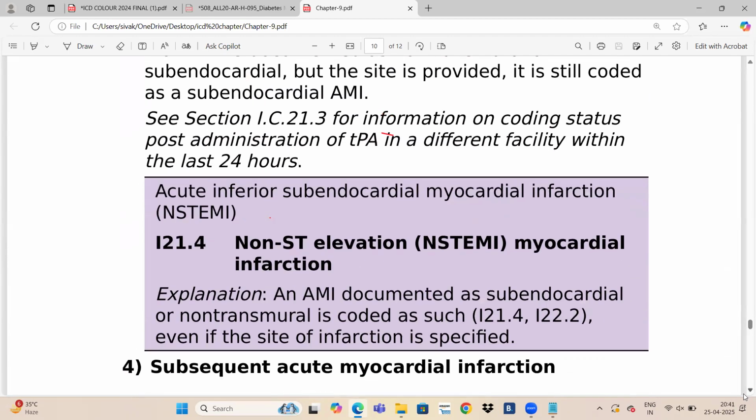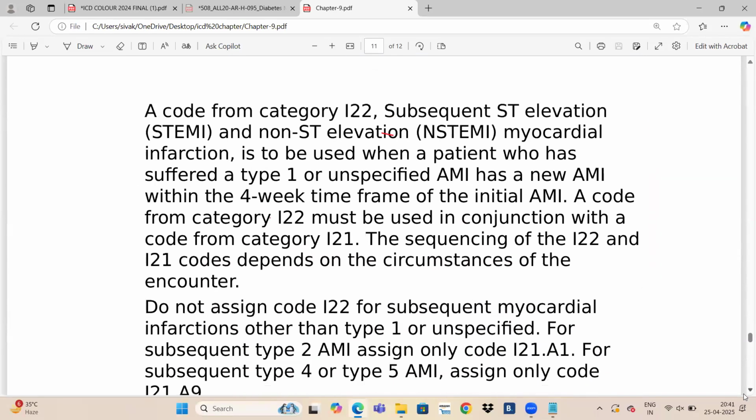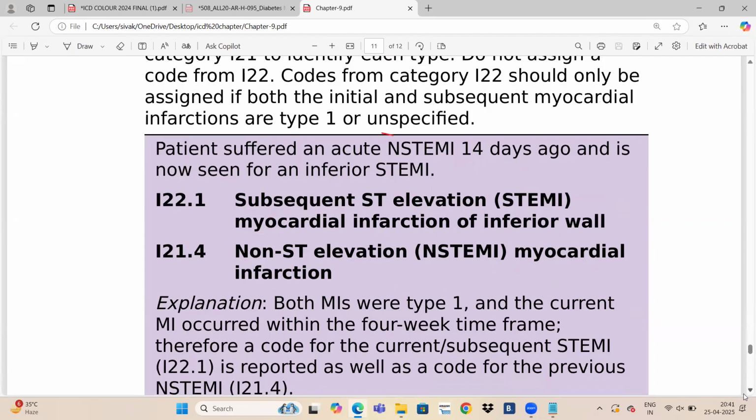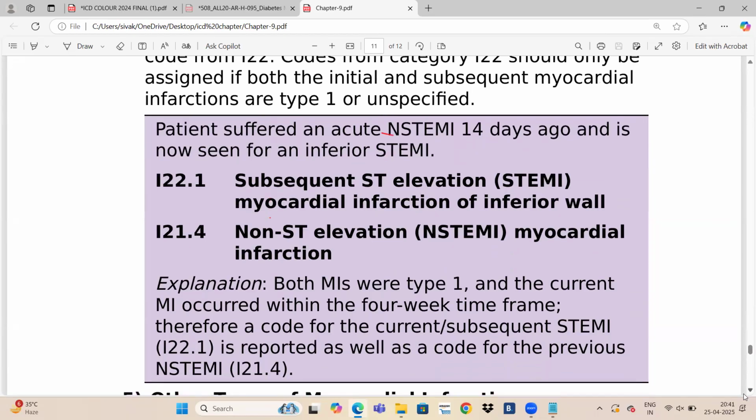This question you will get, then subsequent MI. Yeah, this is a second subsequent code, I22 series.